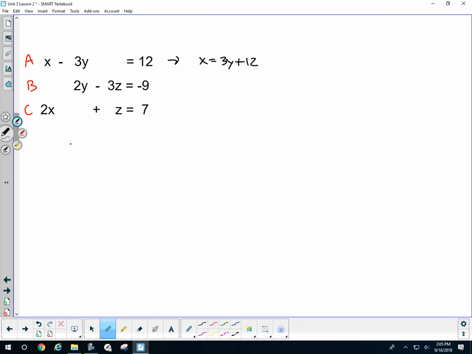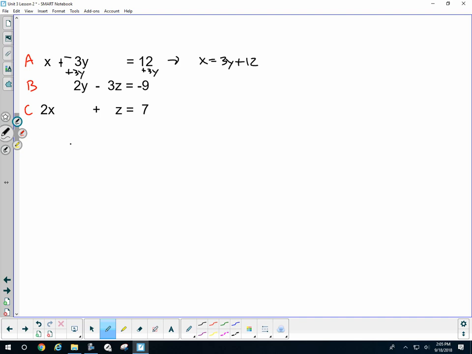No, it is negative 3y here. So to solve for x, I need to remove the negative 3y. I'm going to add the opposite. That's a very good question. And thank you for checking.